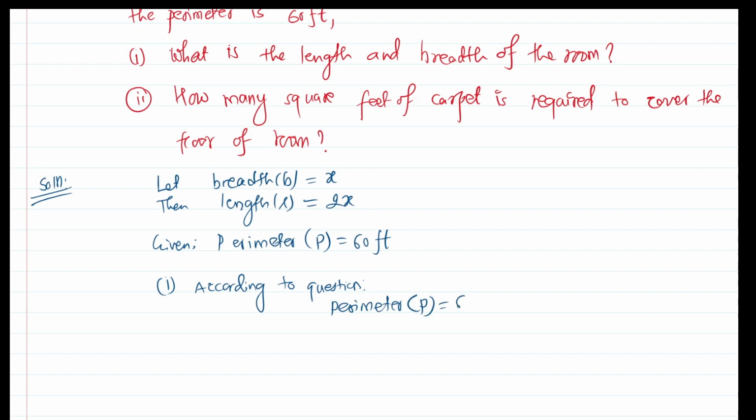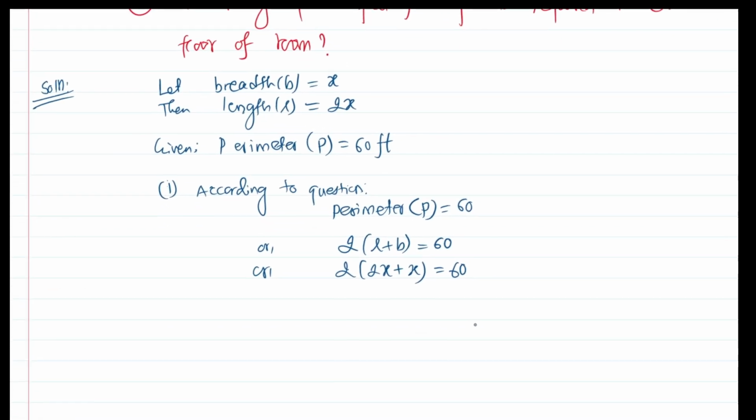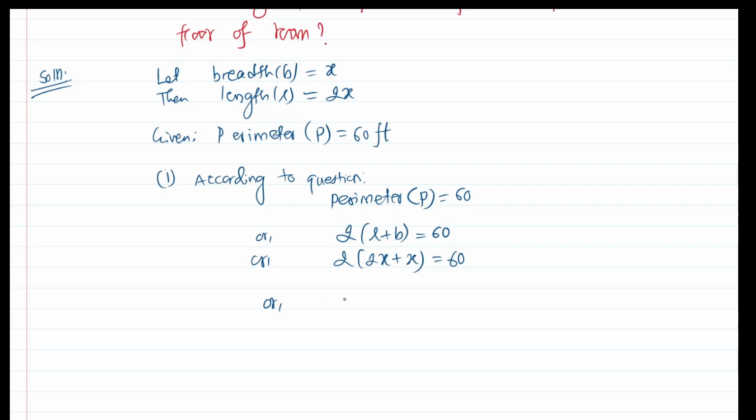Perimeter P is equal to 60 feet, and the perimeter of a rectangle is 2 of L plus B. This is 60. The length is 2x, the breadth is x. So 2 times (2x plus x, that is 3x) equals 60. 2 times 3 will be equal to 6x is equal to 60.